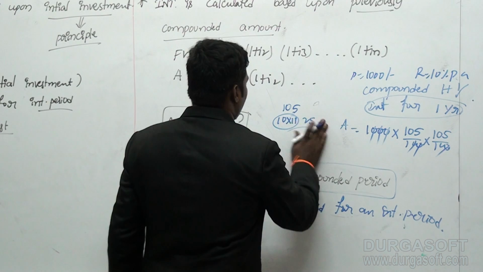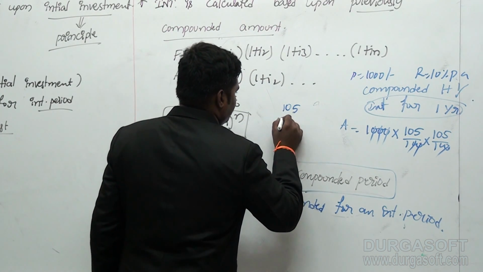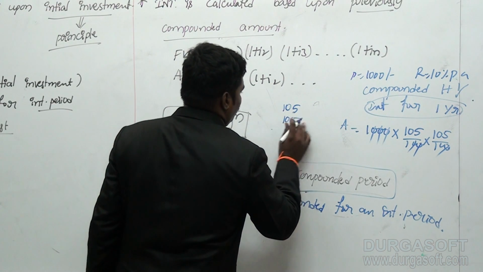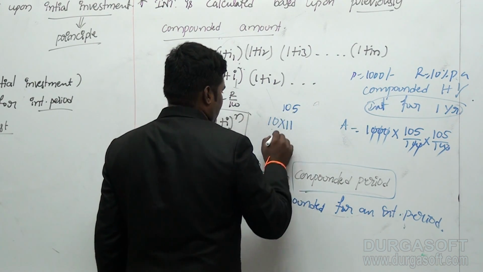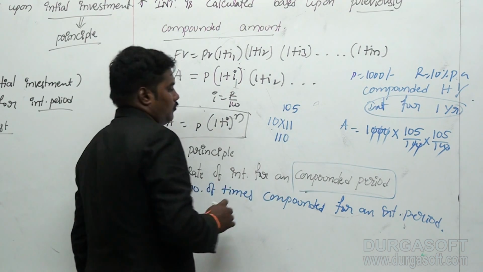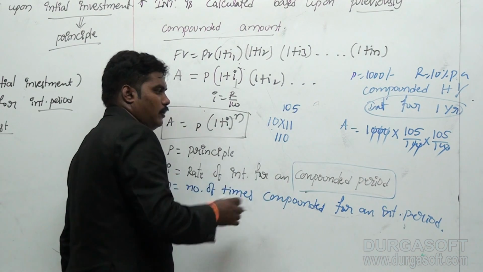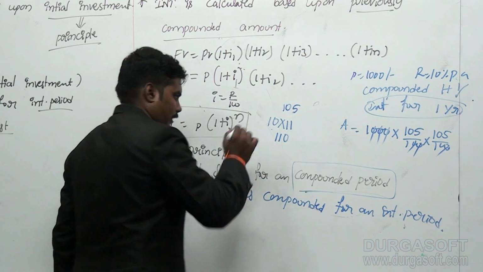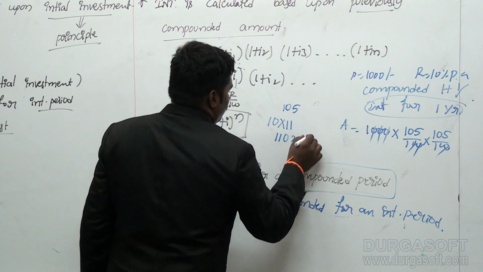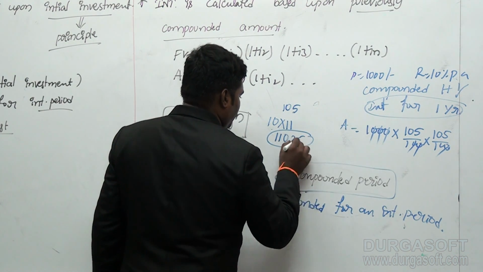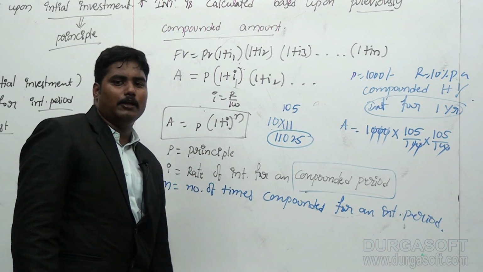Right? We can do it another way also. Here it is 105 into 105. 105 square is 10 into 11, that is 110, and then 25. This is the value. Divided by 10, you get 1102.5. Directly you get the answer.